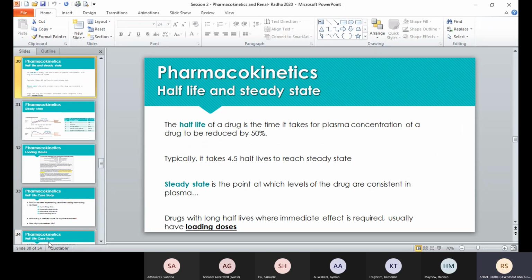So then we have half-life and steady state. The half-life of a drug is the time it takes for the plasma concentration of a drug to be reduced by 50%. Normally, for any given drug to reach steady state, it takes about 4.5 half-lives. Steady state is the point at which levels of the drug are consistent in the plasma. Drugs with long half-lives, where immediate effect is required, usually have loading doses.